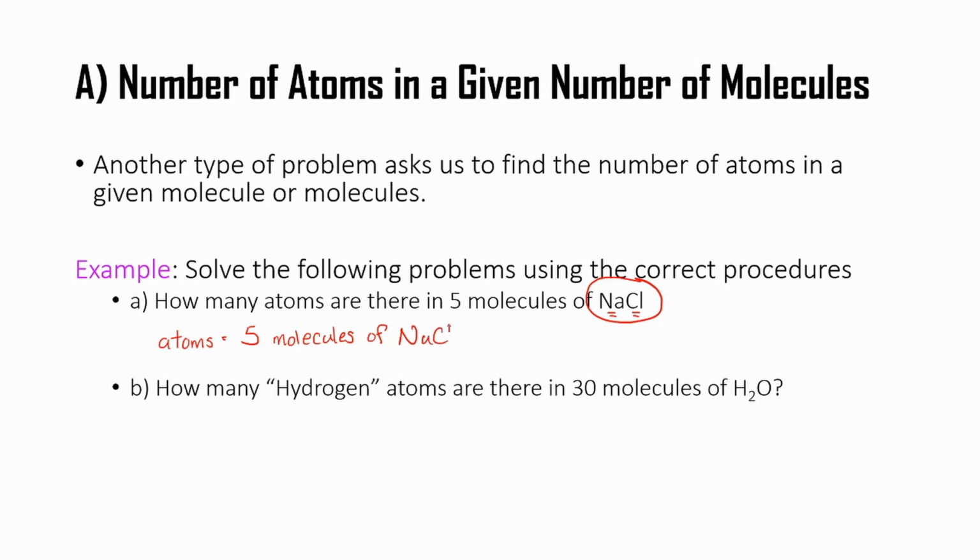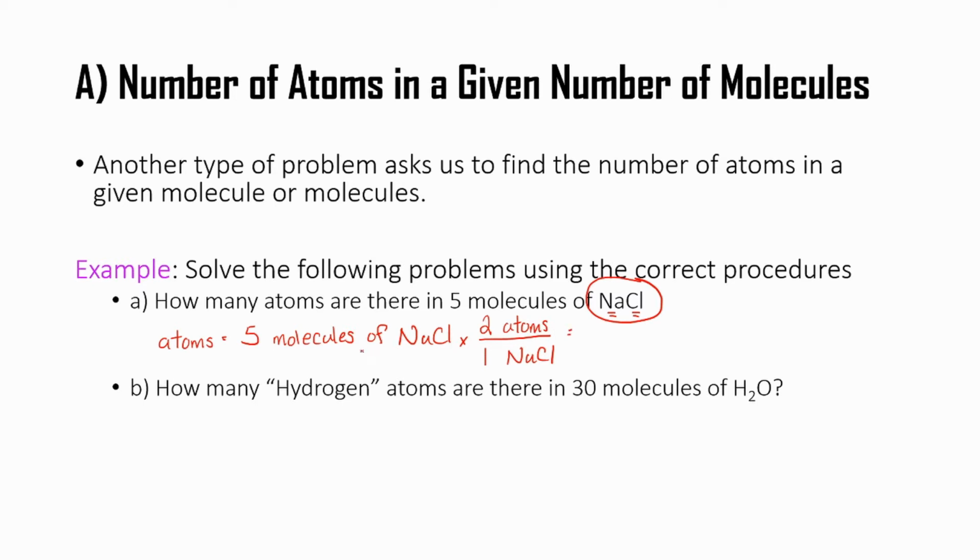So I'm looking for atoms here. If I have 5 molecules of NaCl, the easy math would be: well, if I have 5 molecules and 2 atoms in every molecule, then it'd be 5 times 2. But to do this in the context of conversions, in one NaCl, I have 2 atoms.